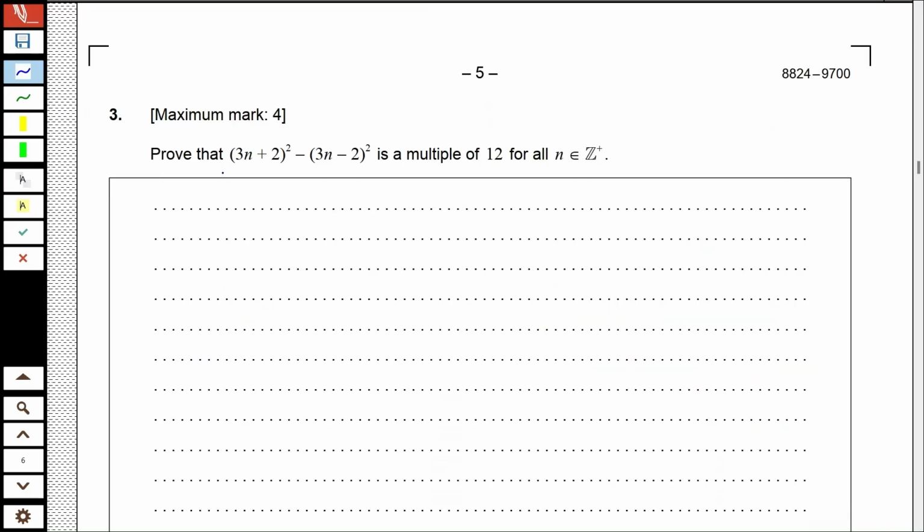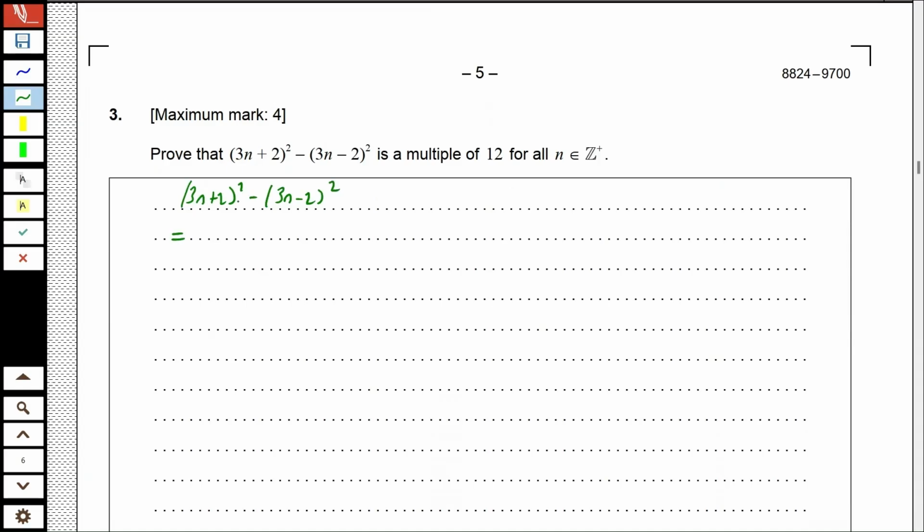Question 3. Prove that (3n plus 2) squared minus (3n minus 2) squared is a multiple of 12 for all positive integers n.